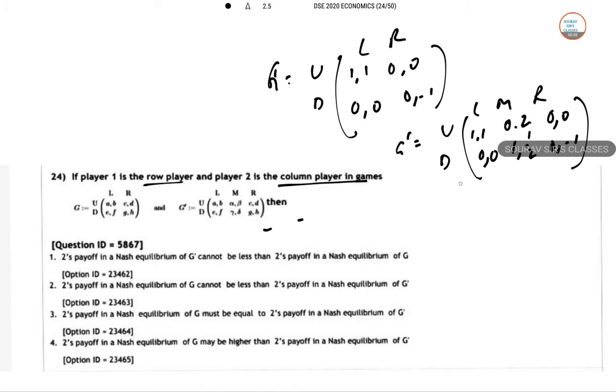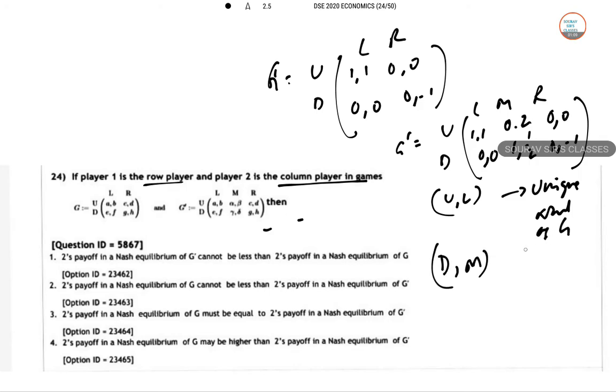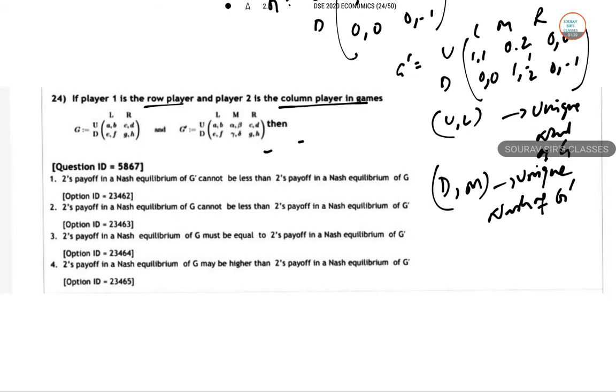So we can see that U comma L is the unique Nash equilibrium of G, while D comma M is the unique Nash equilibrium of G dash. Thus the second player's payoff in the NE of G may be higher than in the NE of G dash.